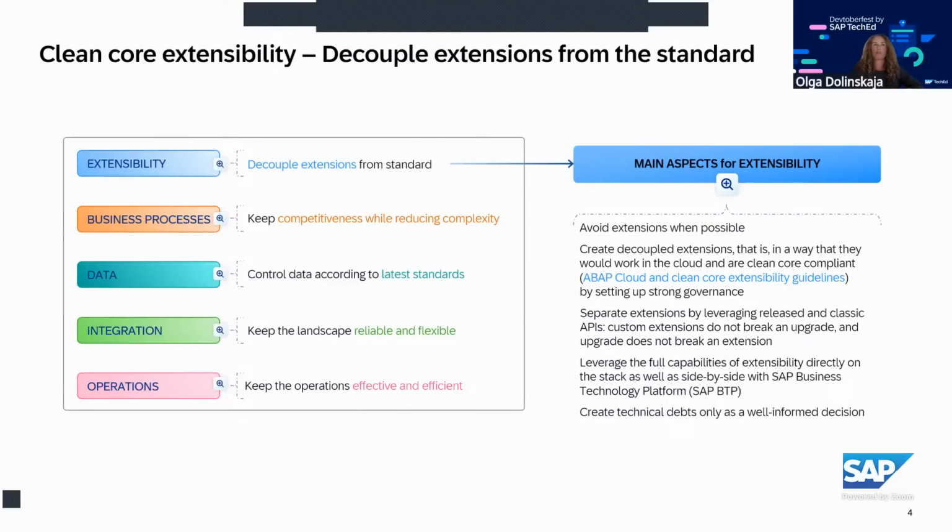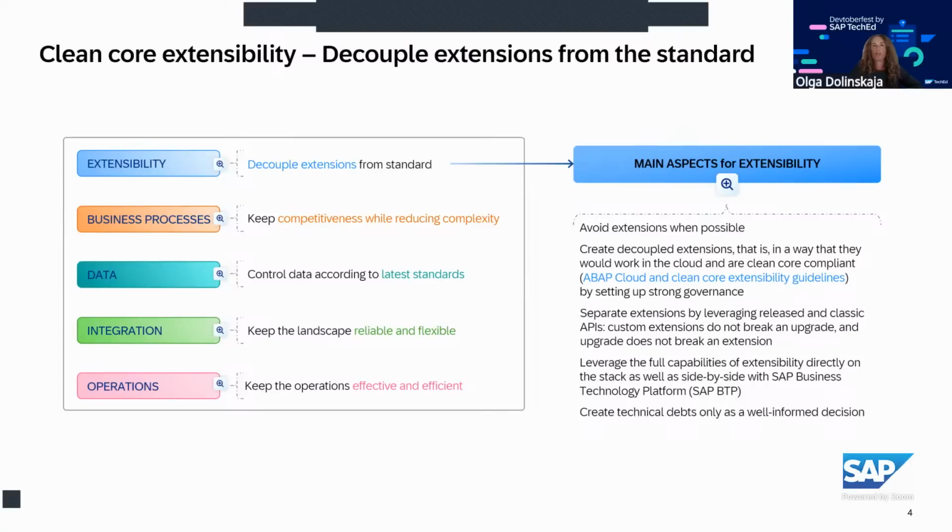And there are these 5 dimensions of the Clean Core in place, which relate to extensibility, business processes, data, integrations, and operation. And our focus for today is, of course, your custom code, meaning the extensibility aspects.